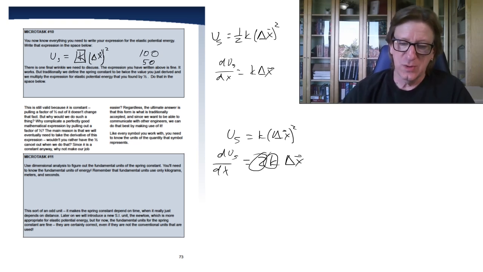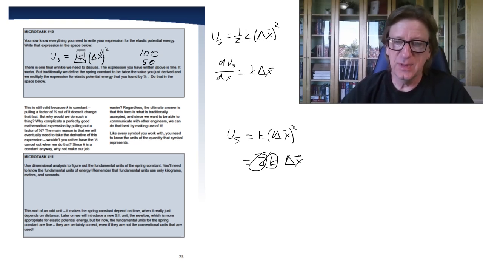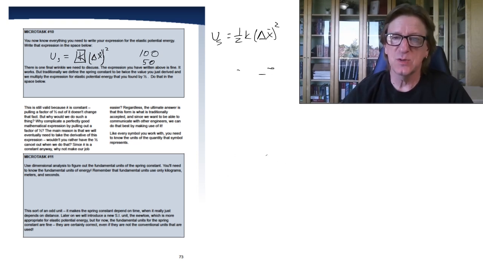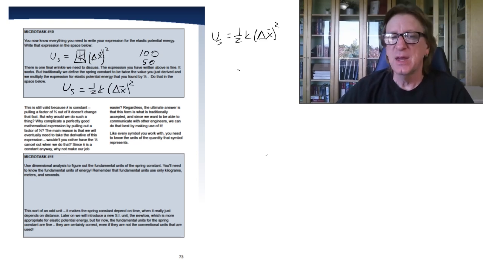So traditionally then, this expression that we have up here is going to be our expression for our elastic potential energy. It's going to be 1/2 K, and that's the spring compression squared. Now, what happens if I stretch the spring?